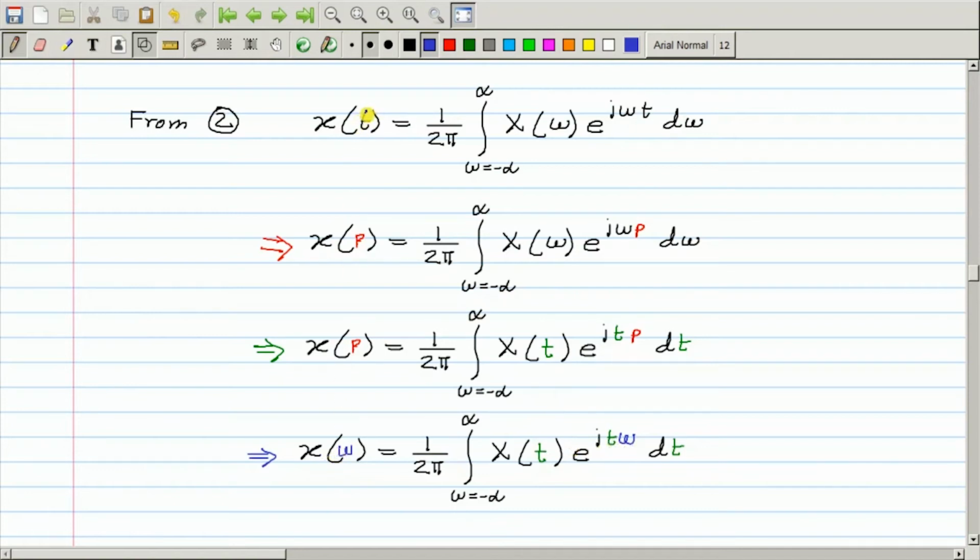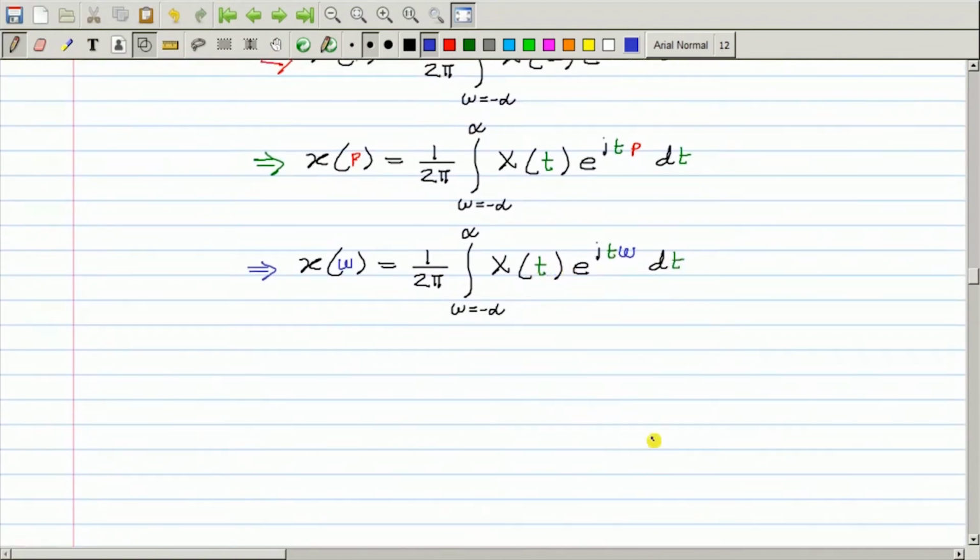Now through these three steps I have actually swapped or interchanged the role of t and omega completely. Here t becomes omega, here t becomes omega, and omega here, here and here become t here, here and here. Now the right side in this equation is nothing but Fourier transform of this signal capital X of t.